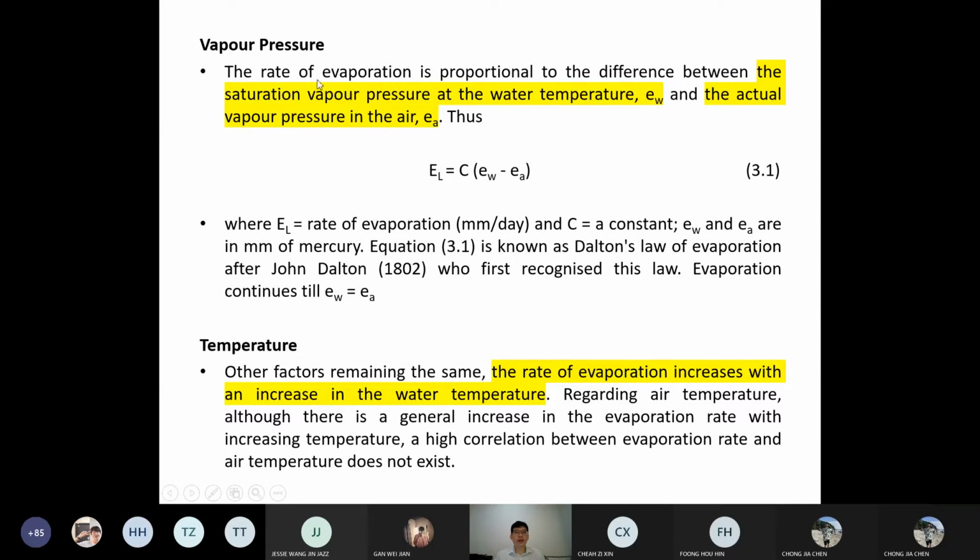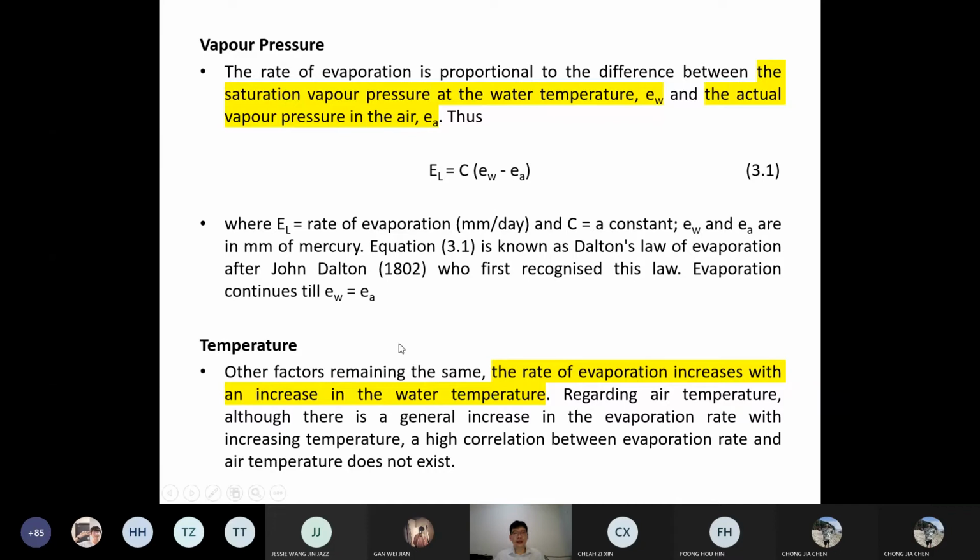So we can see the rate of evaporation is given with EW and EA in mm of mercury, the pressures at different temperatures, and we have the coefficient C, which is a constant. This is Dalton's law of evaporation, proposed by John Dalton in 1802, so it's about 200 years ago.